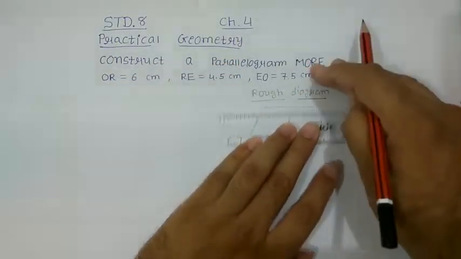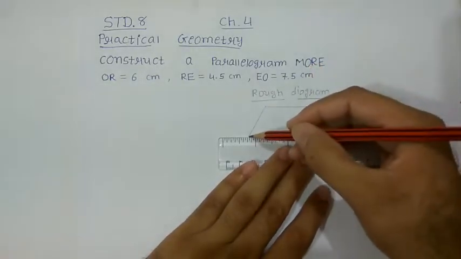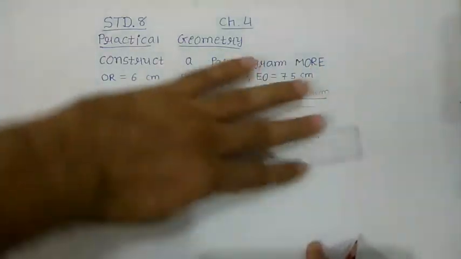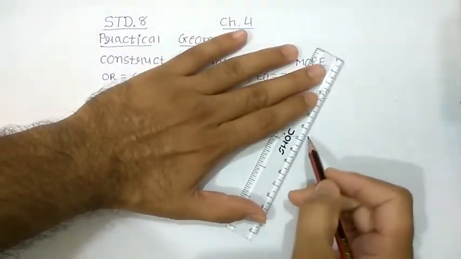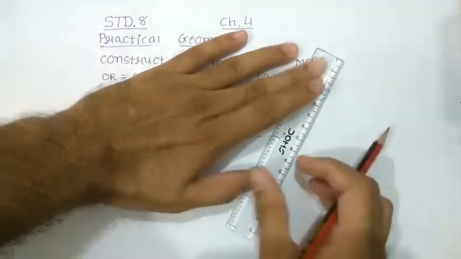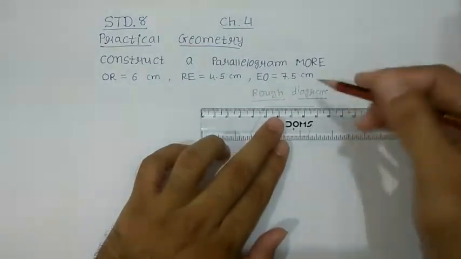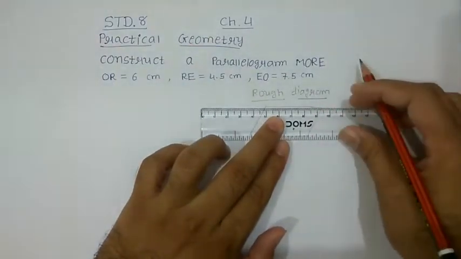This is the second side, third side, and this will be the fourth side. Okay, so in this way we can draw a rough diagram.